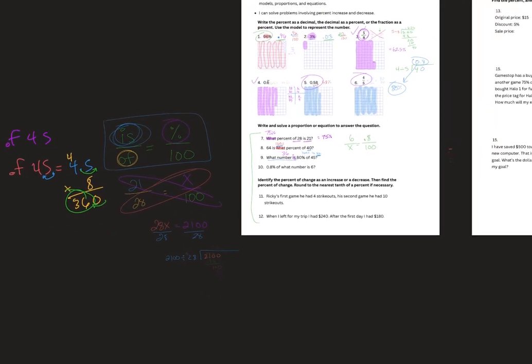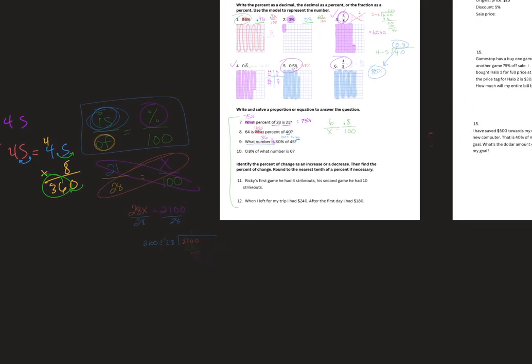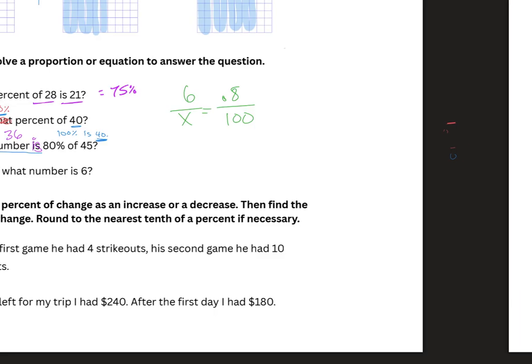If you're not sure how I set that up, 0.8%, and then there's the 100, which was guaranteed, of what number is, okay? We cross multiply, we get 0.8x equals 600. We're going to divide by 0.8, which is 600 divided by 0.8.